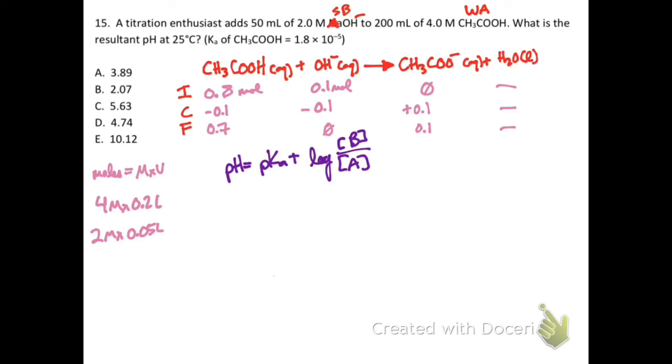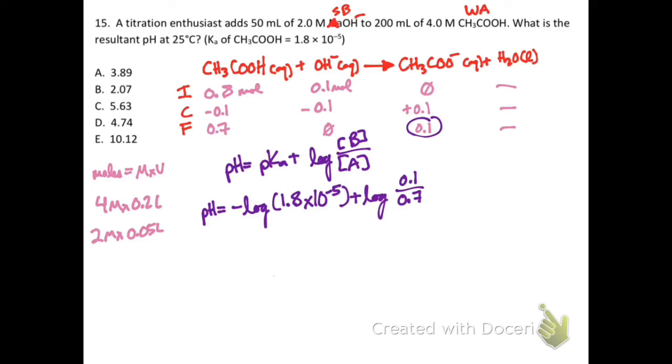So we can just plug in the moles that we get. So the pH of this buffer solution is going to equal, pKa just means the negative log of the Ka, which we're told is 1.8 times 10 to negative 5th, plus the log of base. The base is the 0.1 mole over the acid, which is 0.7 mole.